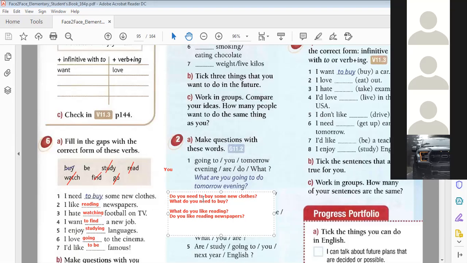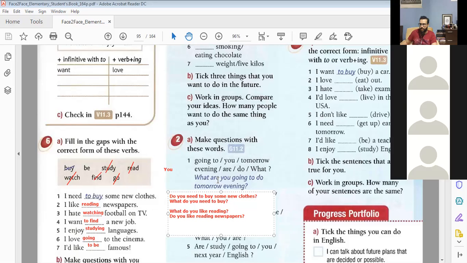Okay. Where's Abdullah? Abdullah, can you do number 3? Make it into a question. What do you like to watch? Good. But why did you change it to to watch? Watching. Yes.